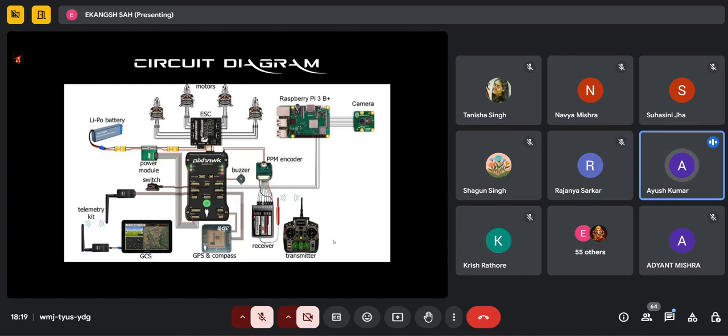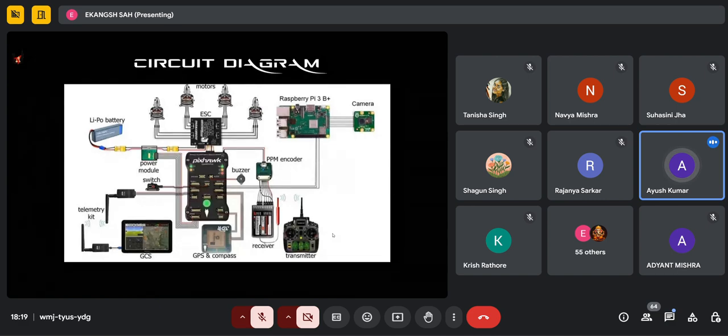So this is the circuit diagram showing all the connections of the electronics used in avionics, like the camera for navigation and surveillance purposes. That's the Raspberry Pi 3B plus. This is used for advanced processing, which is beyond the capability of the flight controller, like image recognition.